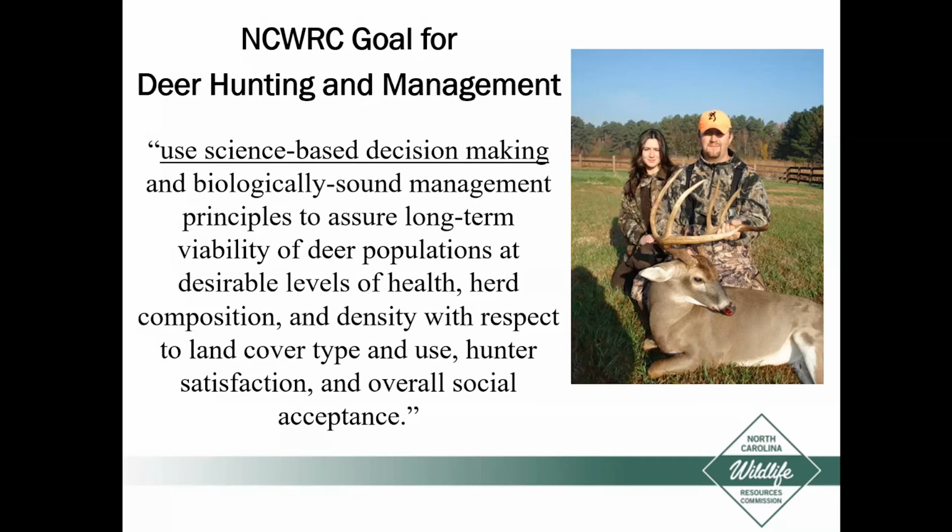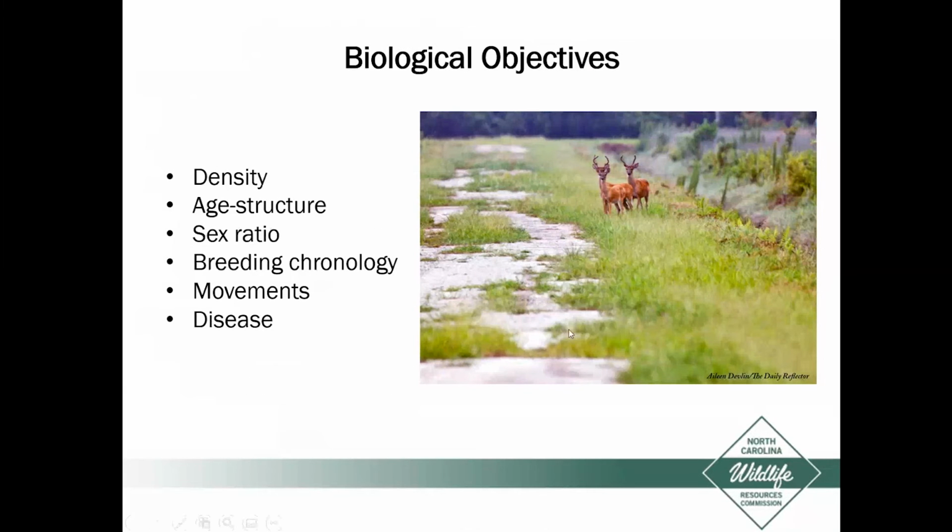It also means that we periodically do human dimension surveys, scientific surveys to gauge the interests and perceptions of our constituents. And then lastly, it means that we monitor the herd on a regular basis with recurring data sets. And again, that's the focus really of what my talk is going to be on today.